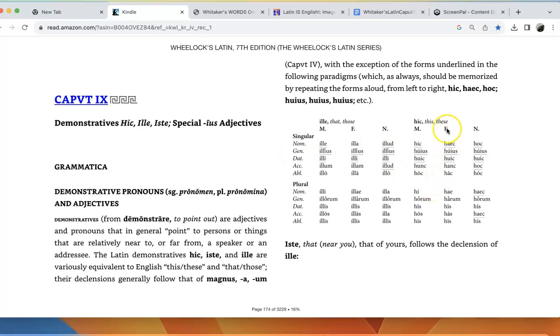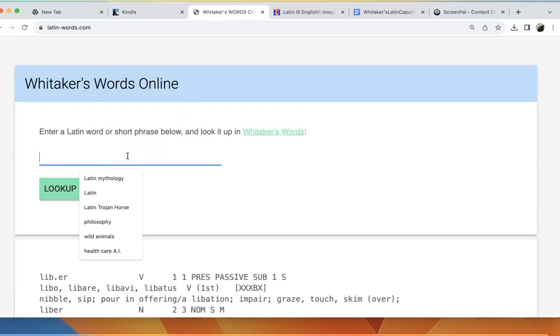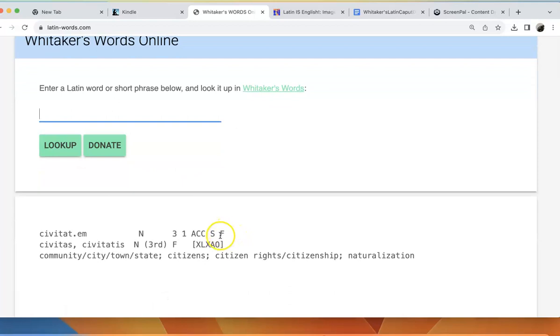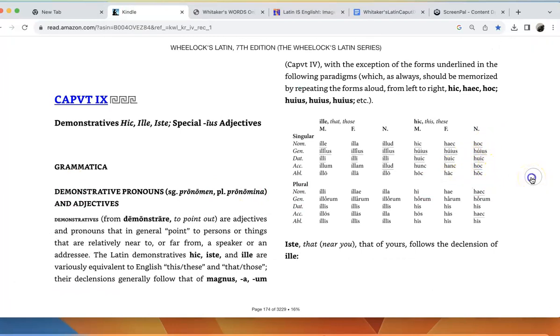You can see right here is our feminine hanc being used as the accusative direct object. And again, if we're not sure, we'll have to look it up, just to verify. And you can see right here it's being used as the accusative singular feminine. The F means feminine, and so we need a feminine form of the noun that we're pointing to or giving emphasis for this demonstrative pronoun.